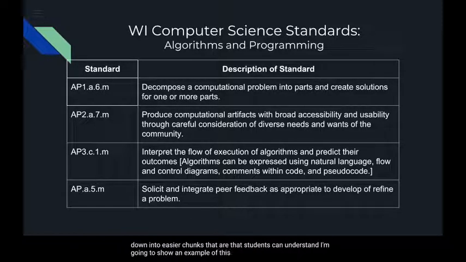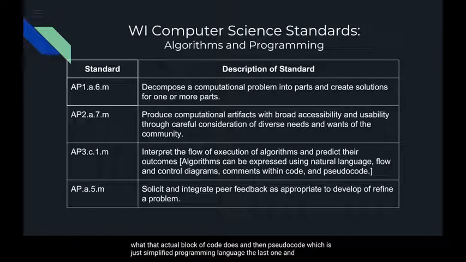I'm going to show an example of this later. Comments within code are really helpful. Students, when writing code or when looking at code, can actually put a comment within the code itself that tells either the student themselves or somebody else who's looking at the code what that actual block of code does. And then pseudocode, which is just simplified programming language.